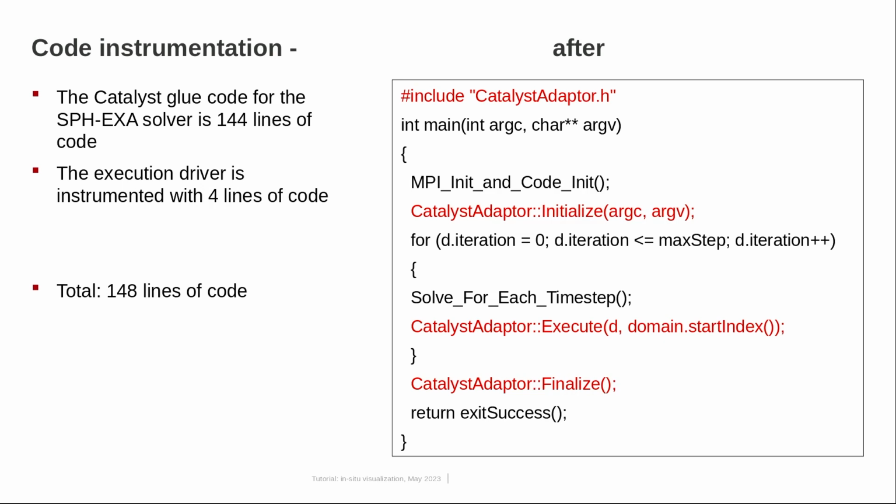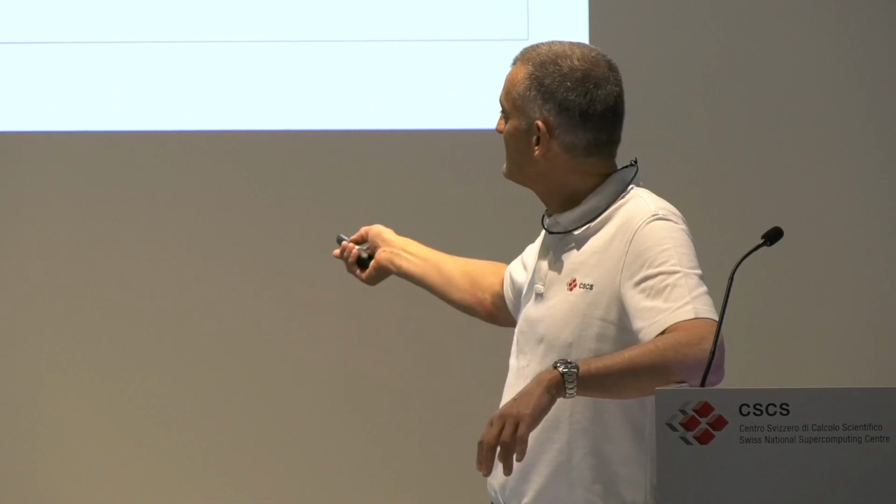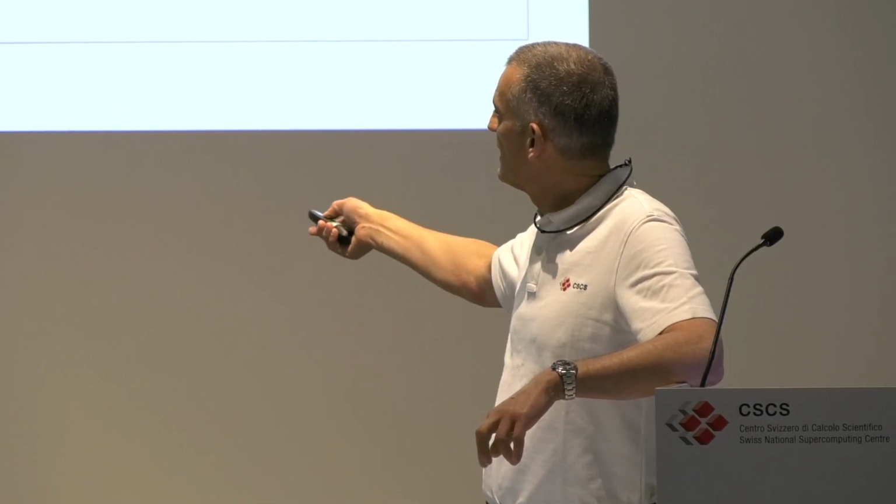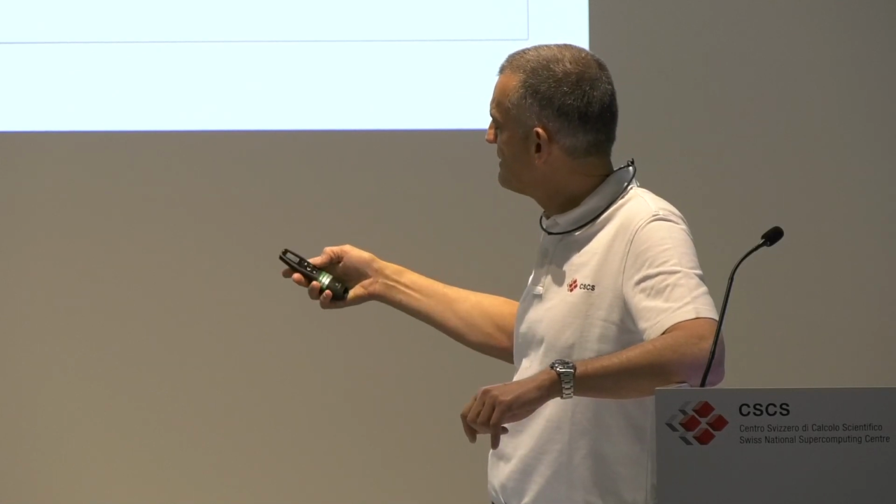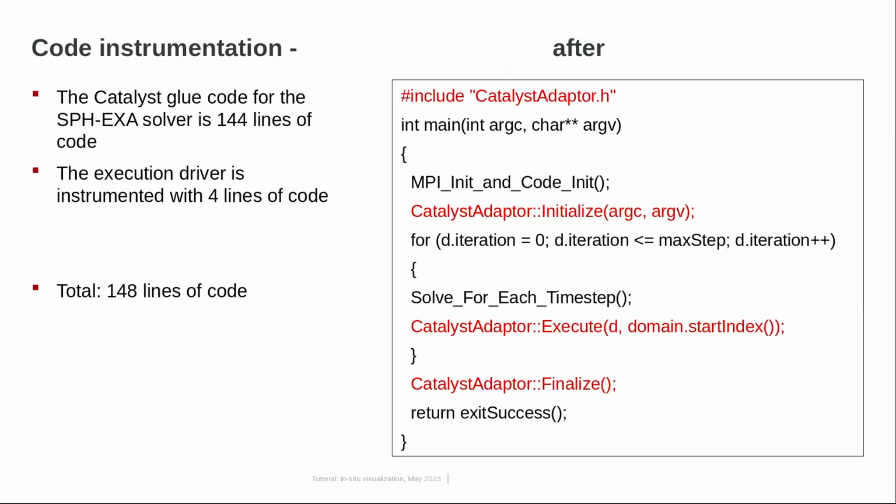But this actually might be a no-op. If your extractor says to only do the operation every 100 steps, then it doesn't cost anything. It's a function called to null and it returns back. And then when it hits the correct time step, then it does the real work. At the end of your iteration, you finalize and you quit.